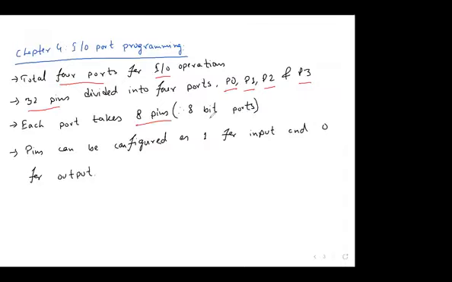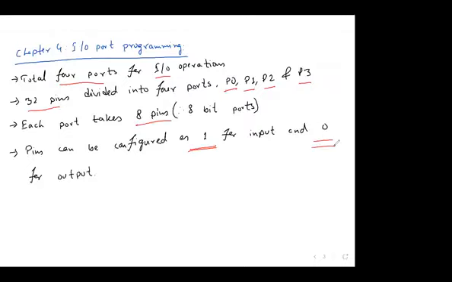Now the last point is important. You can use the pins or ports either as input or as output. So how do you specify that? If you want your pin to act as input, you initially set a binary value of 1 to that pin. And if you want your pin to act as output, you set the binary value 0 to that pin.